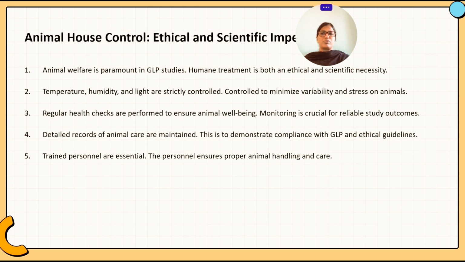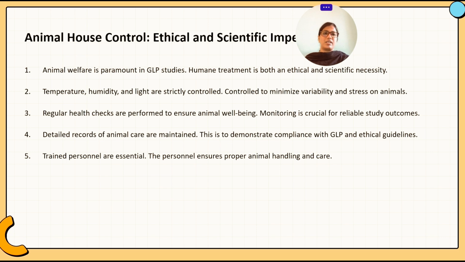Coming to animal house control, it is also paramount to GLP studies. If you see the animal house, it should be ethically built. There should be humane treatment, and the animals should feel at home and be treated well. Apart from that, they are necessary for the scientific studies.